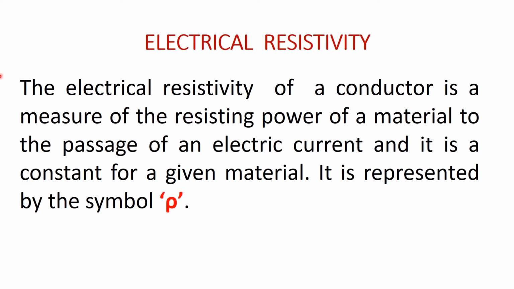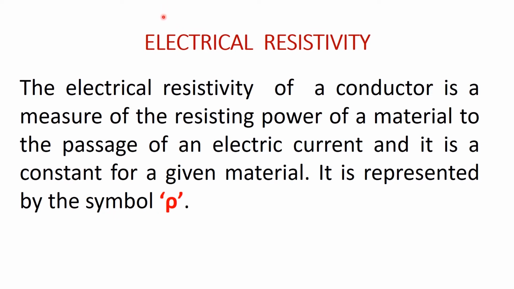Next, we shall see what is electrical resistivity. Electrical resistivity of a conductor is a measure of the resisting power of a material to the passage of an electric current, and it is a constant for a given material, and it is represented by the symbol rho.